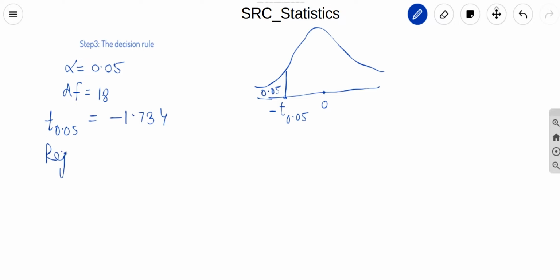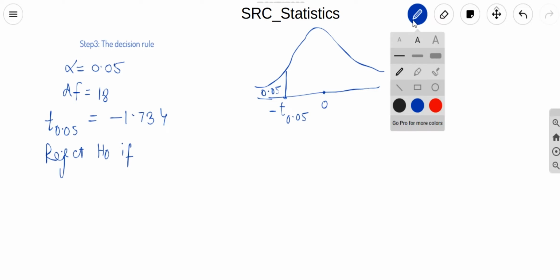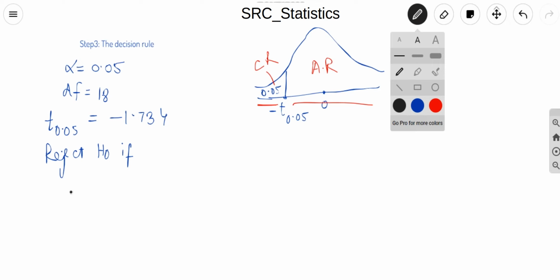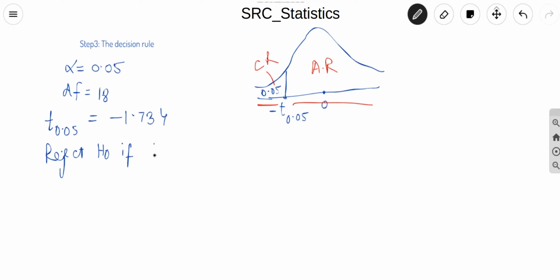We reject the null hypothesis if our test statistic is in the critical region. Now where is the critical region? Critical region will be this side, and this side will be acceptance region. So reject H naught if the calculated value of t is less than negative 1.734.